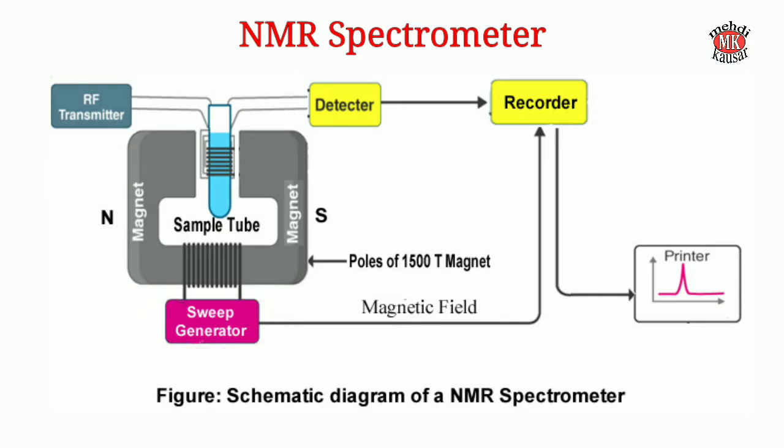As each nucleus of the sample is brought to resonance, it absorbs energy from the oscillator, and when it reverts to the ground state, the emitted energy is collected by the detector, amplified and passed to the recorder. The radio frequency radiation absorbed by the sample is then plotted against the magnetic field strength recorded by the recorder, and thus the NMR spectrum is generated.